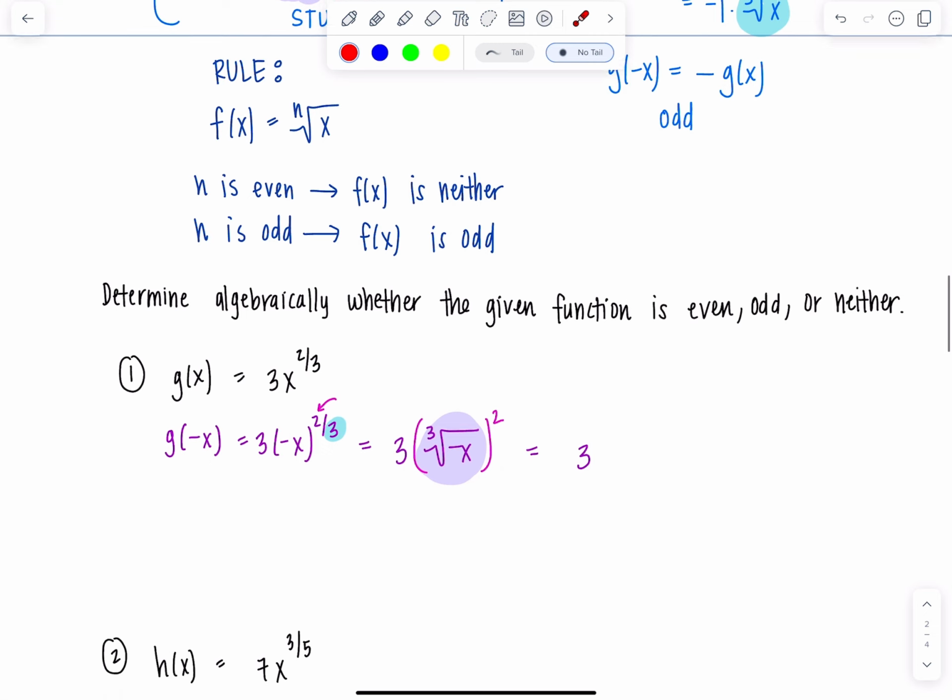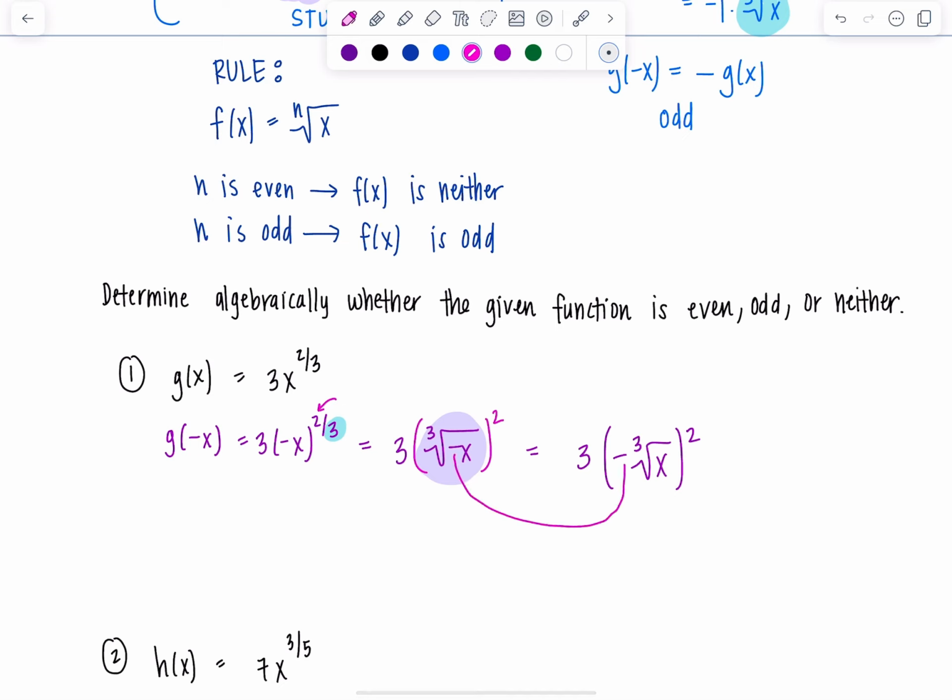So I'm going to take that negative out and write it as negative cube root of x squared. Do you see what I just did? I'll remind you. This negative came out. Why am I allowed to do that? Because this index here is odd. So it can come out. If that was an even number, I'd be stuck.